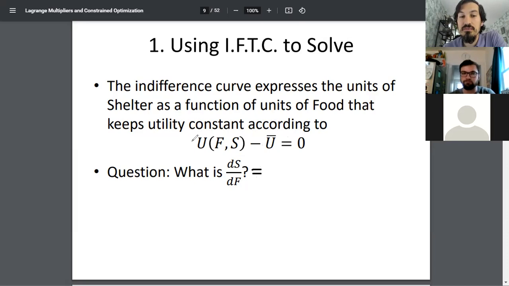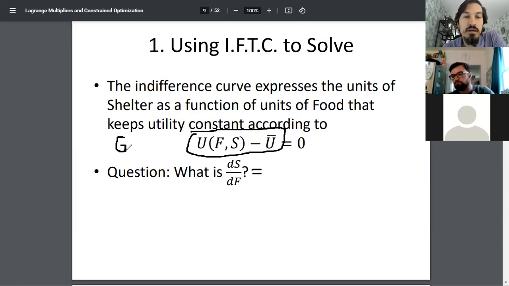Often G. When F is not available, you use G. So this whole thing here on the left side, we're going to call that G of what? Well, actually, it's just of F and S. And how do I know that it's just a function of F and S? Well, because this u bar is a constant, it's not a variable, and this u is a function, not a variable. So really, this whole left-hand side is equal to G of F and S.